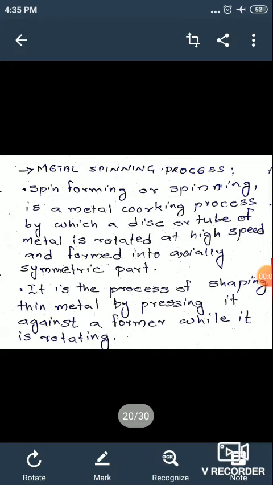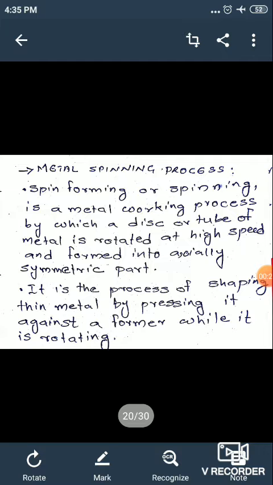Okay, metal spinning process or spin forming. Spinning is a metal working process by which a disc or tube of metal is rotated at high speed and formed into axially symmetric parts.